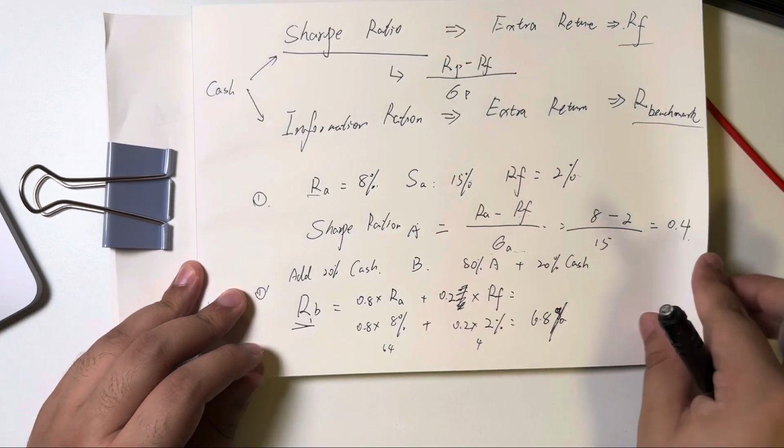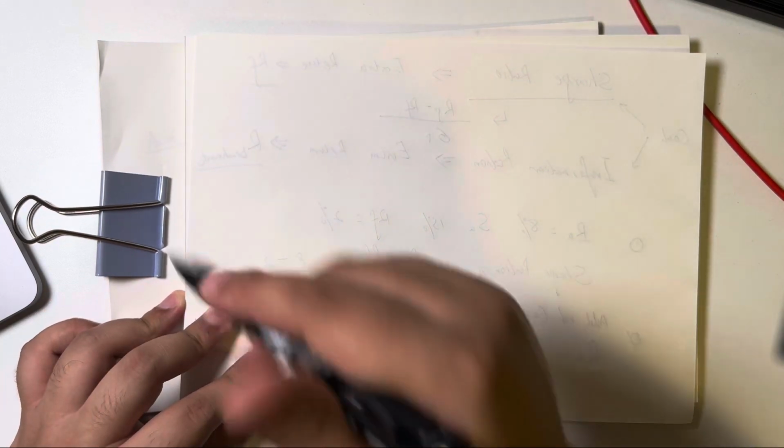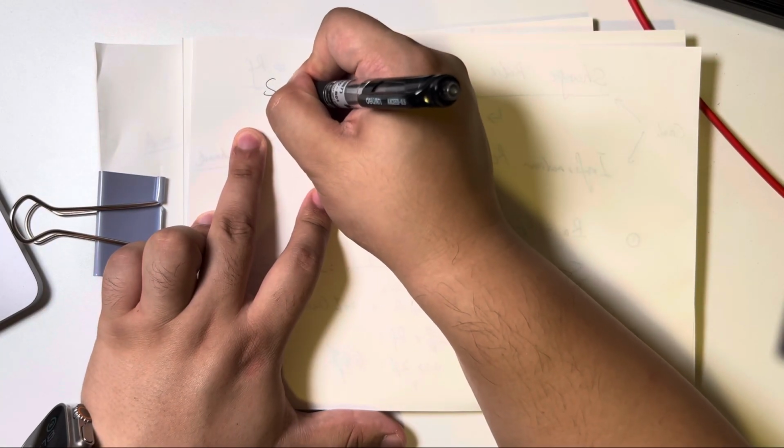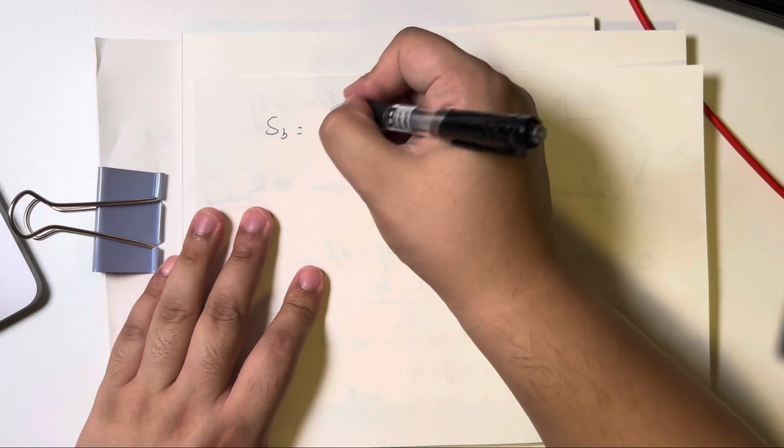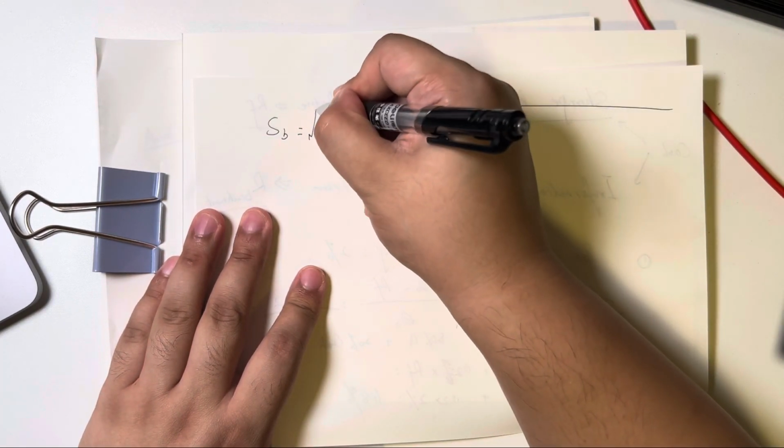So luckily, I already prepared a whole page for this calculation. So basically, S_B will be, okay, there will be a lot of calculation here.